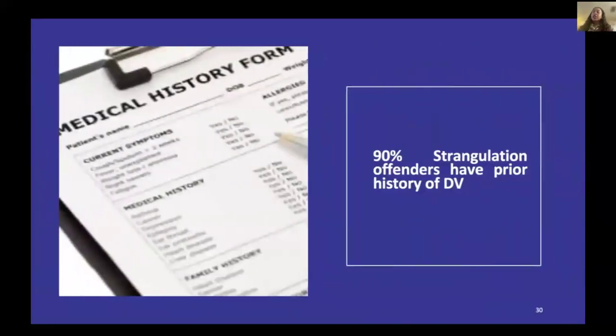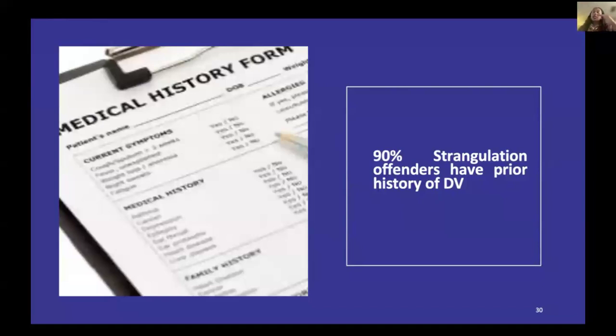90% of strangulation offenders have a prior history of domestic violence. And so again, domestic violence homicides are preventable. If you've ever heard me speak, I always say that, and I truly believe that. It may go from a threat to a kick, to a slap, to a punch, to stalking, to a terroristic threat, and then strangulation, and then unfortunately homicide.